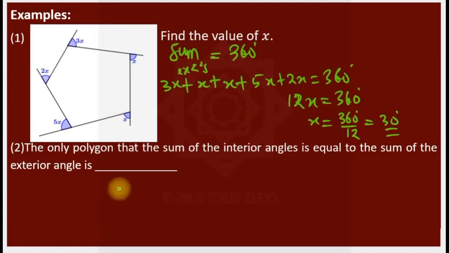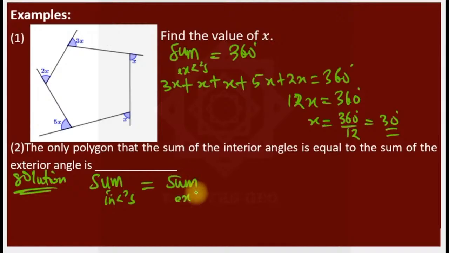For the second one, they said the only polygon in which the sum of the interior angles is equal to the sum of the exterior angles is dash. This is also a fast one. This is a word problem: the only polygon whose sum of the interior angles equals the sum of the exterior angles.